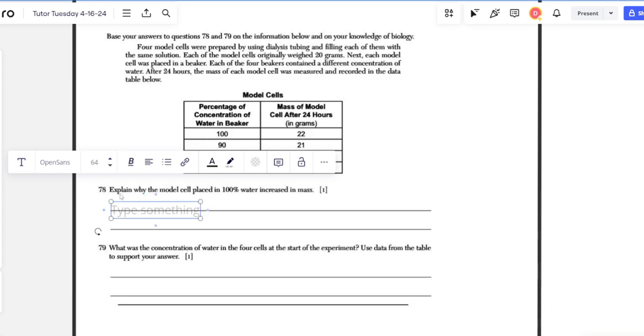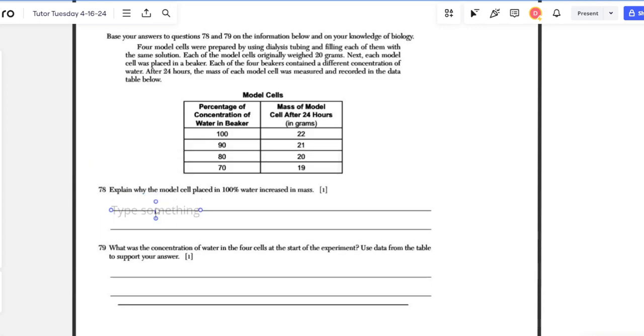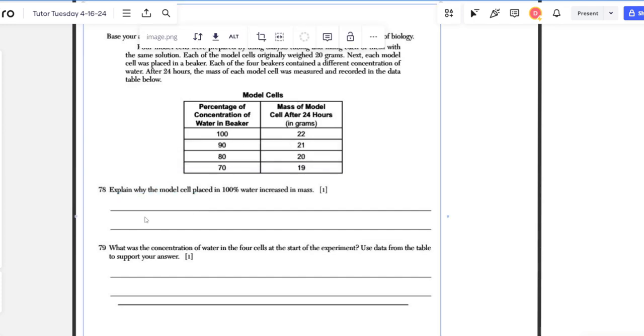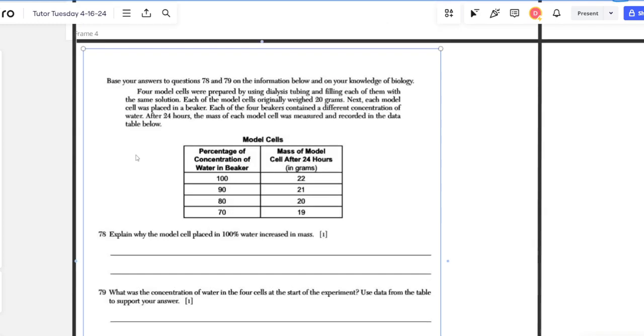Let's type out the answers to these if I can. The first question is explain why the model cell placed in 100% water increased in mass. Well, it says to base our answers on the information below and our knowledge of biology.